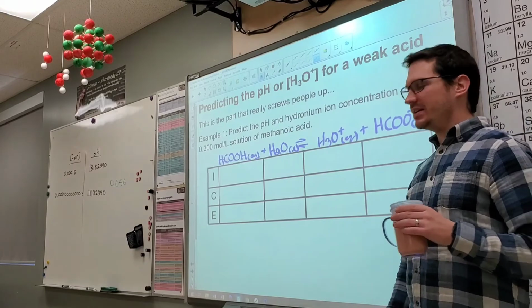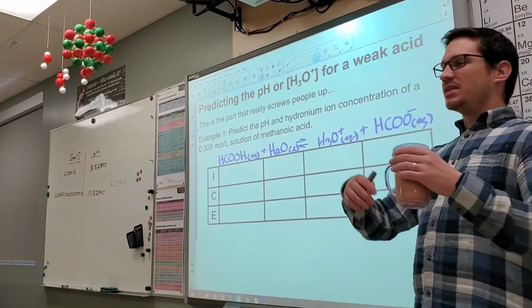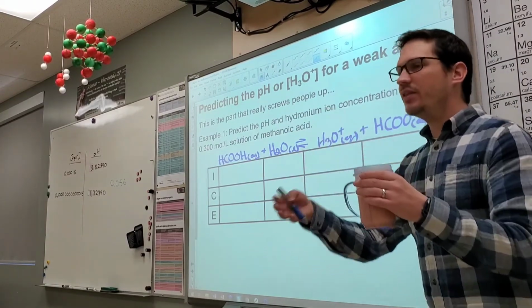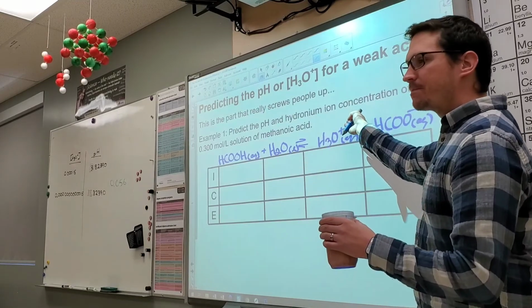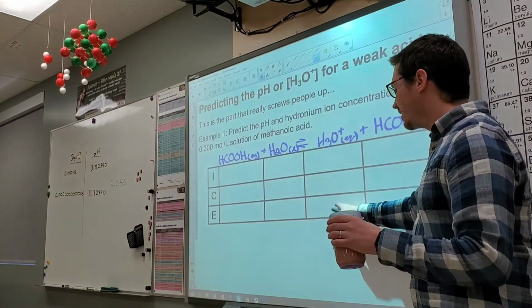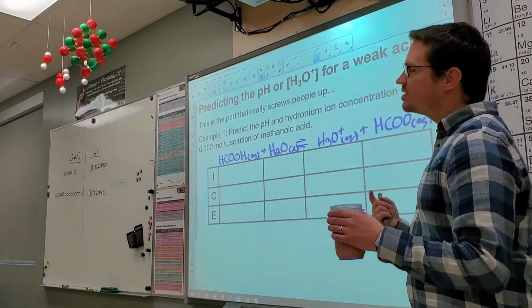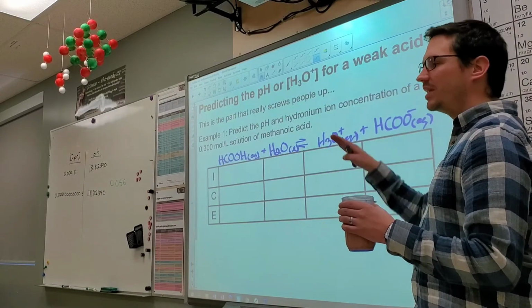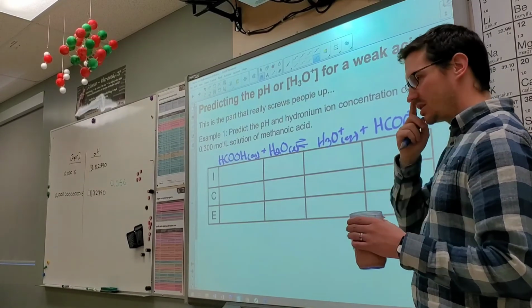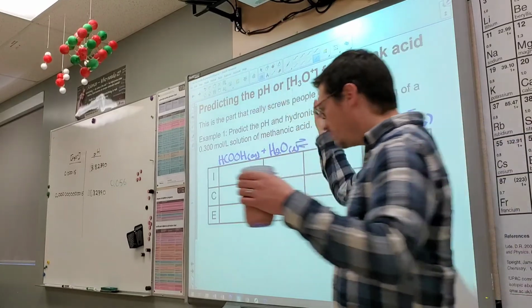Okay, predict the pH. What that means is, are we being given the pH straight off the bat? No, so we can't get this value. So that means we're not going to be able to complete any one of these columns. So we'll fill it in, but that's fine.